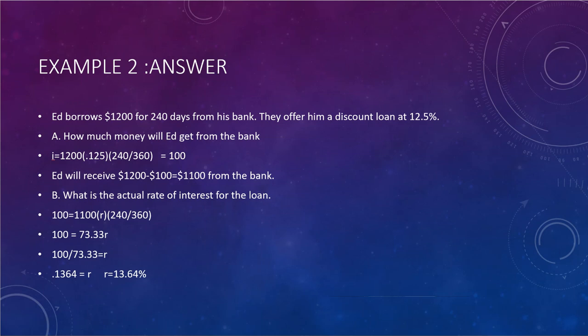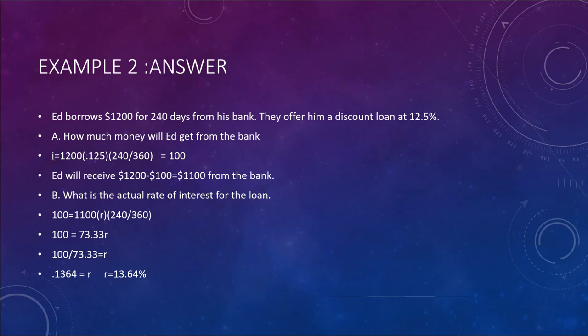All right. Then that leaves the question of, what's the actual interest rate for the loan? So one more time, we're using I equals PRT. The amount we found in part A of 100 is our interest. We remember to switch the P now and make it the amount Ed actually got from the bank, which is $1,100. We're looking for the R, and the time stayed the same, 240 over 360.